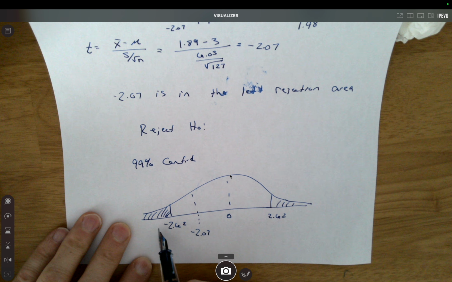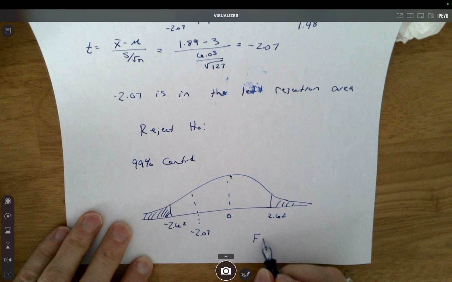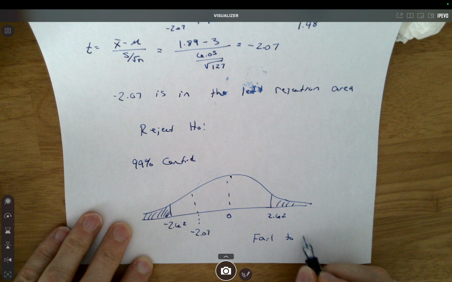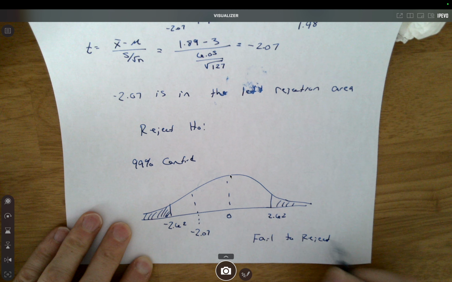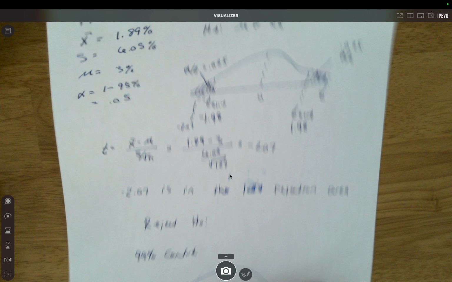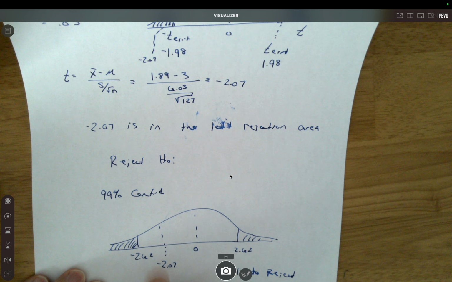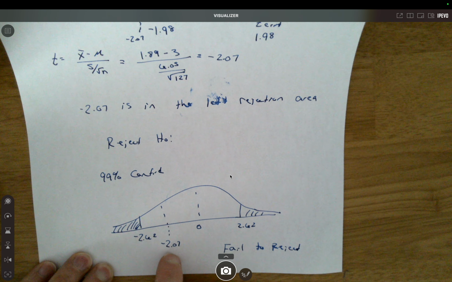Notice we're not in the rejection region. So in this case, it would be a fail to reject. So even though we have enough evidence in our sample to reject their claim with 95% confidence, we do not have enough evidence in our sample to reject their claim with 99% confidence.